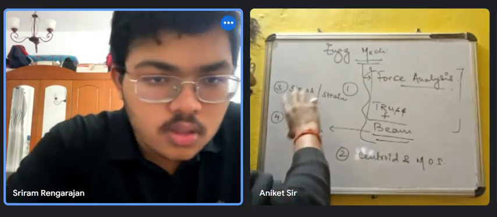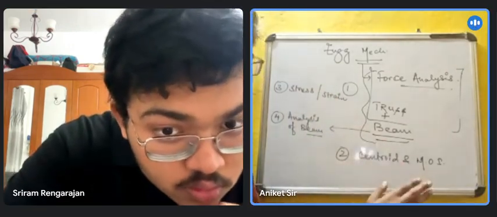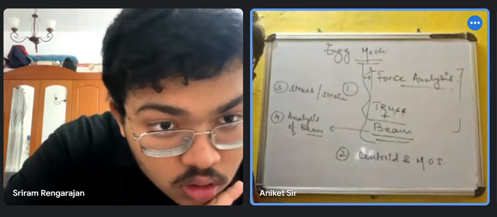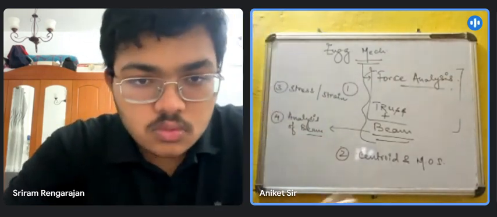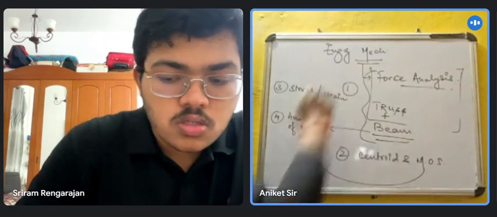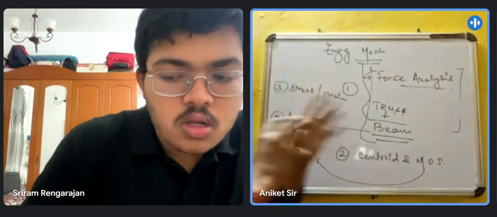So the whole point is this second segment, centroid and MOI, is different. Other than that, this whole segment is linked to each other. And then further, this part is also used in it, and in a kind of way, these whole segments are totally linked to each other.